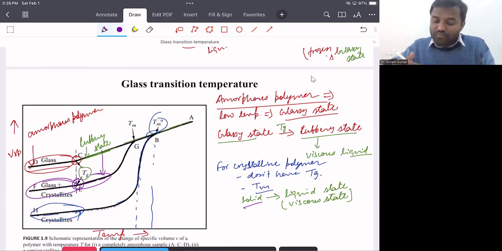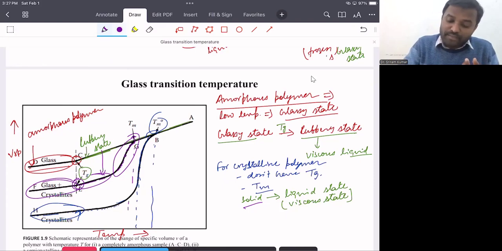And when you further increase the temperature, what will happen? There is an increase in the specific volume. This temperature corresponds to the melting point of the crystalline part of that semi-crystalline polymer. So a semi-crystalline polymer has both a glass transition temperature and a melting temperature.